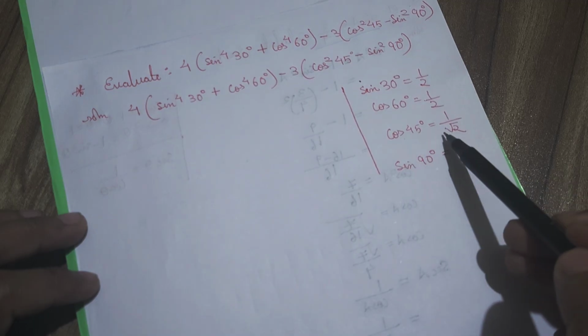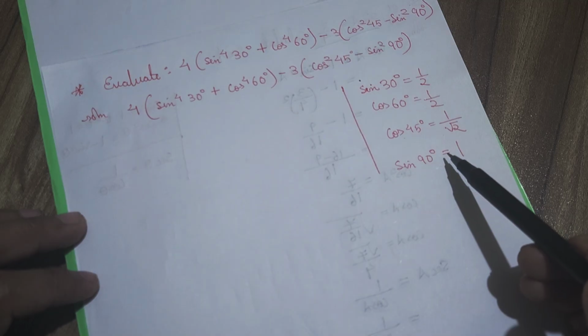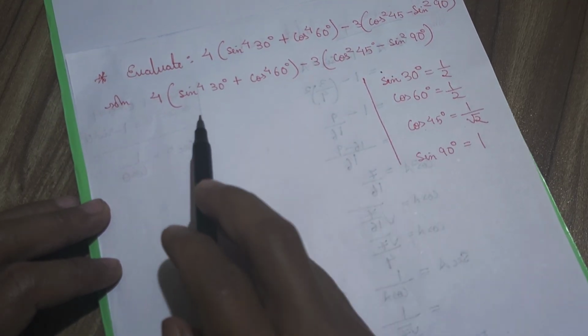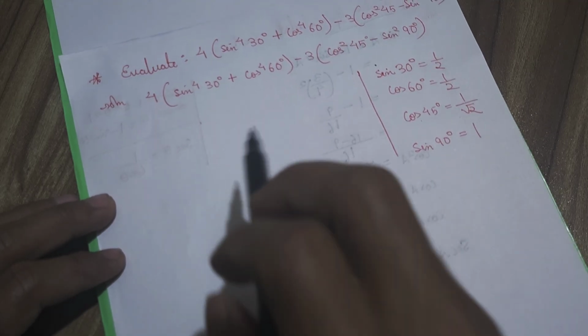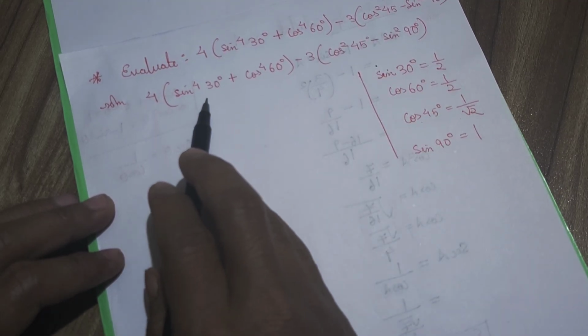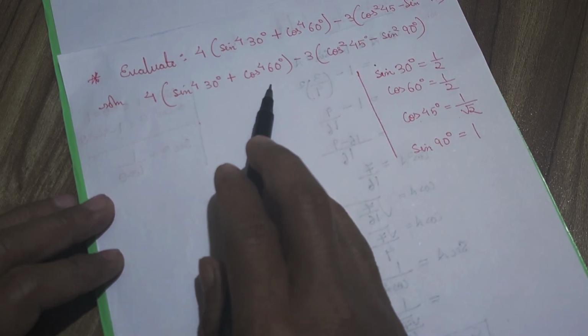Cos 45 degree is 1 by root over 2. Then sin 90 degree is equal to 1. So we'll put all these values in the respective places, where sin 30 degree is equal to half, as well as cos 60 degree equal to half.